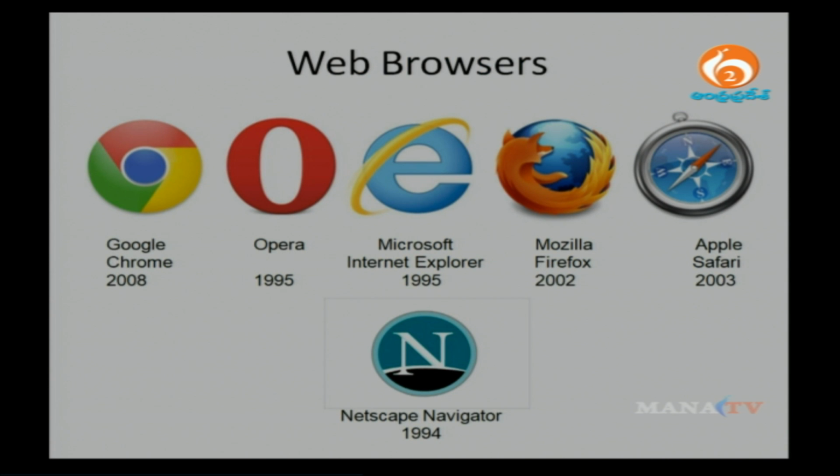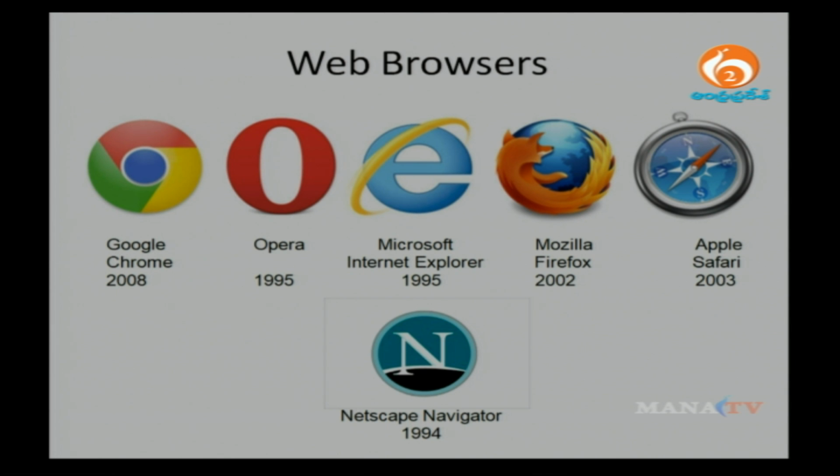So, there are different kinds of web browsers available in the market, on the internet. Namely, Google Chrome, which was started in 2008. Opera is another web browser we depend on, and Microsoft Internet Explorer, which came into existence in 1995.